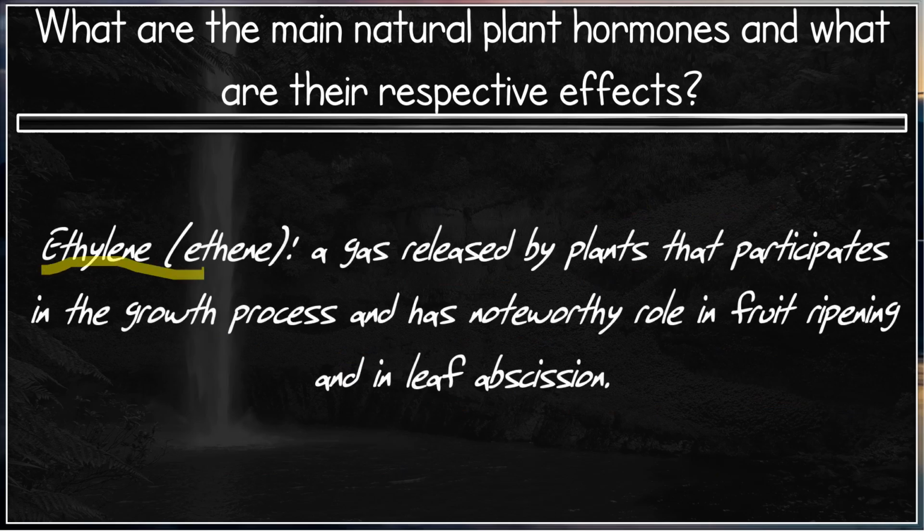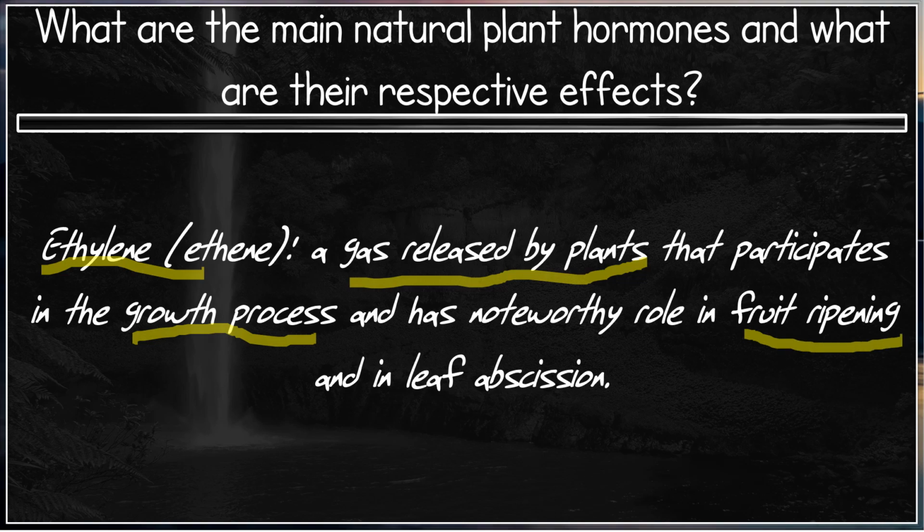Ethylene or ethene is a gas released by the plant that participates in growth processes and has a noteworthy role in fruit ripening and leaf abscission.